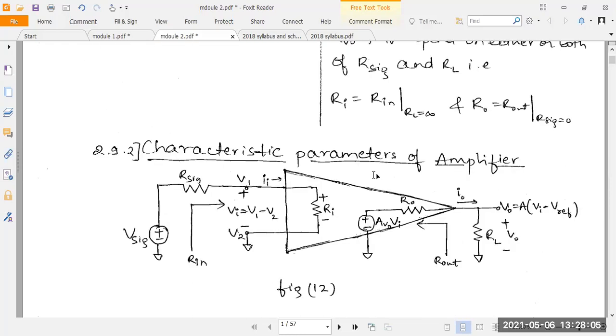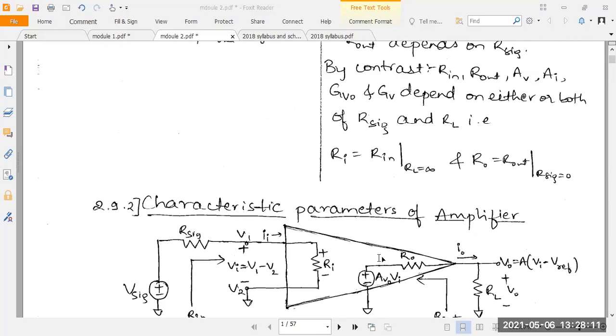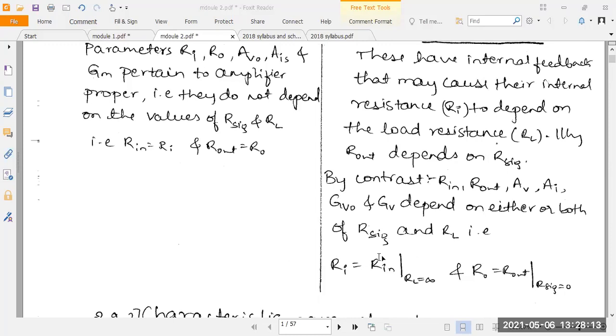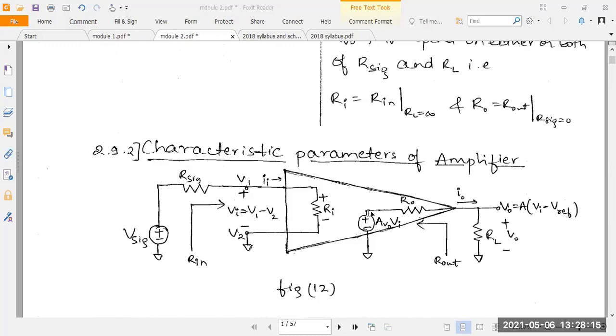So here, when you come to the unilateral case, you take this diagram. This is the complete amplifier circuit here. So this one is the op-amp circuit. Op-amp is nothing but an operational amplifier, also called a differential amplifier. Understood?